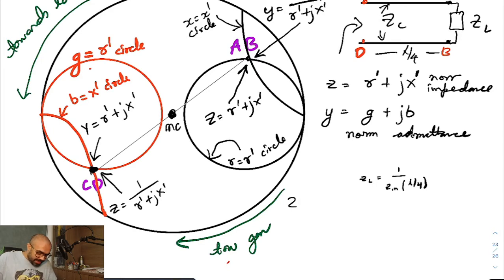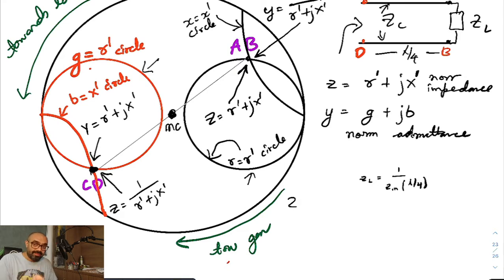Using these two ideas, we can realize that if the black circle is the r equal to r dash circle, the red circle is nothing but the g equal to r dash circle. So the red circle here, g equal to r dash circle, collects the locus of all the gamma that can be obtained by all the loads whose admittance has a conductance of r dash.